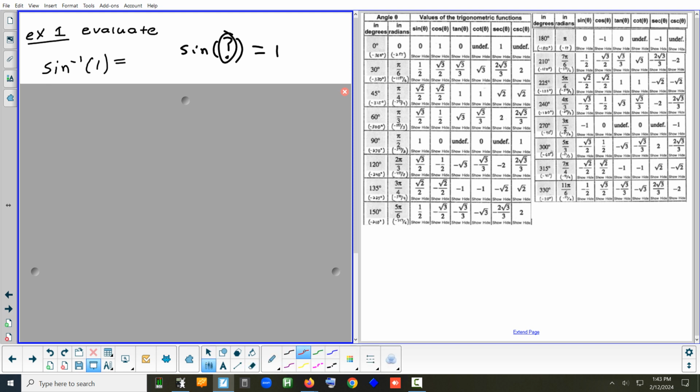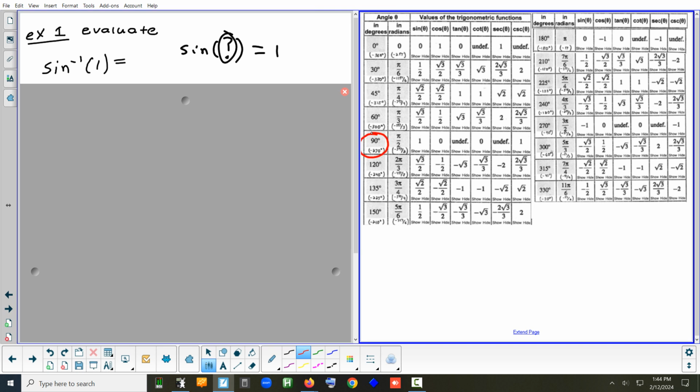Let's start with the left page of the chart. Is there a 1 if you go down the sine column? Yes. What row is it in? Or you can just tell me the angle that's in that row. 90. All right.